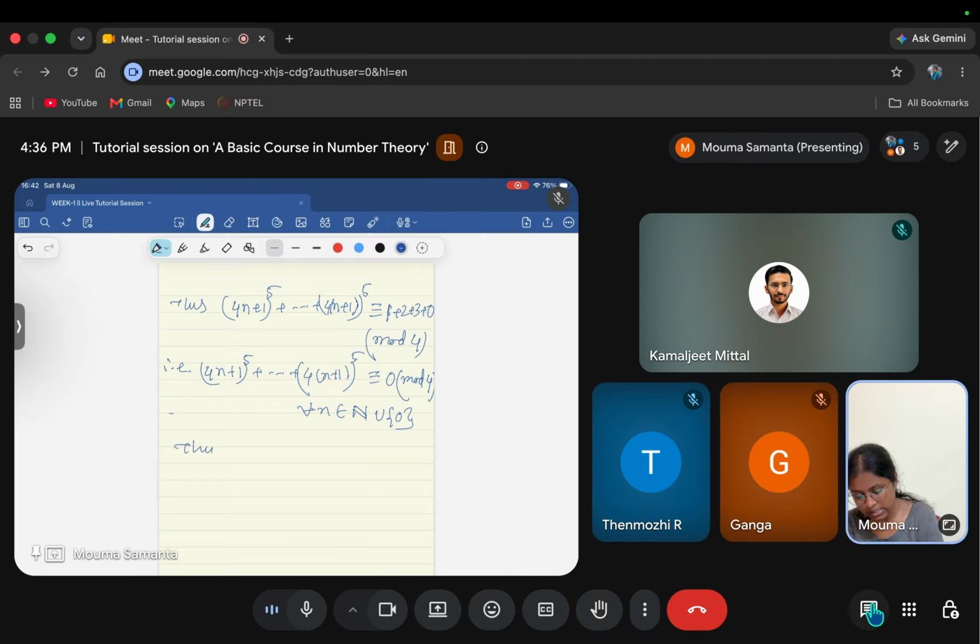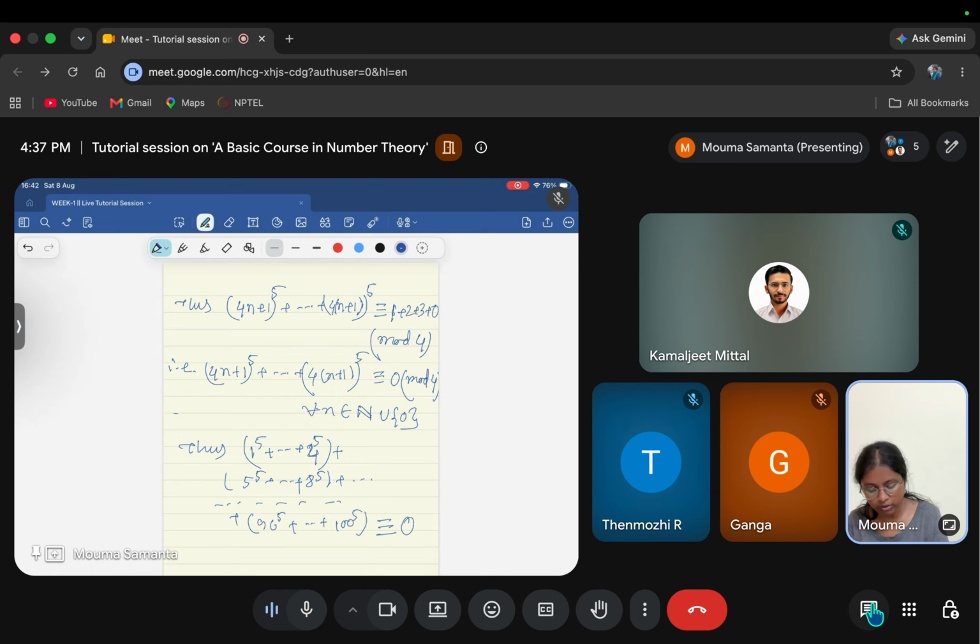So thus 1 power 5 up to 4 power 5 plus 5 power 5 up to 8 power 5 up to 96 power 5 plus 100 power 5, all these are congruent to 0 mod 4.